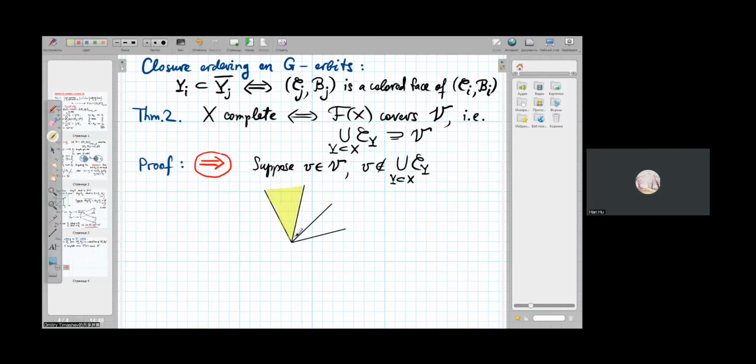Maybe this one also. And this one. This is my fan.